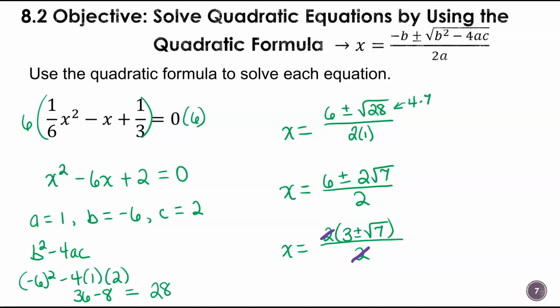Oh, I forgot I made that line really big the other day when I was working on something. I'll use this one. So I can eliminate the 2's, and x is 3 plus or minus the square root of 7. And so that equation is solved.